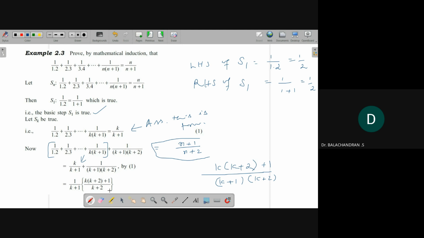So writing this, 1 by k plus 1 into k into k plus 2 plus 1 by k plus 2. This is the same as this expression.